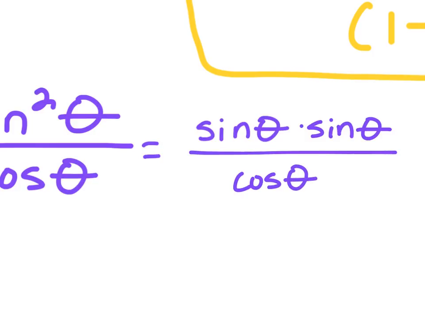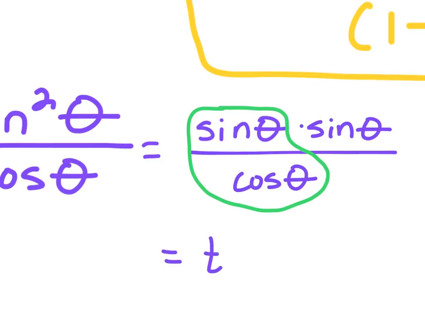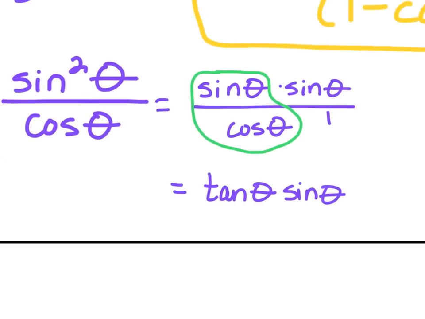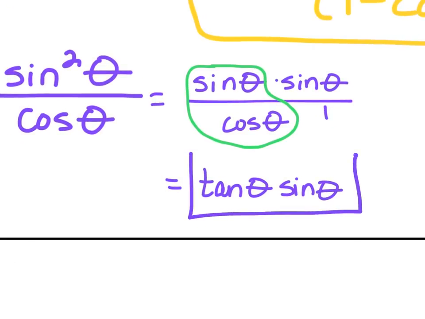And now I can think of sine of theta over cosine of theta as tangent, and that whole thing becomes tangent of theta, that's the green, times sine of theta, because you're thinking sine of theta over 1, and that's my final answer.